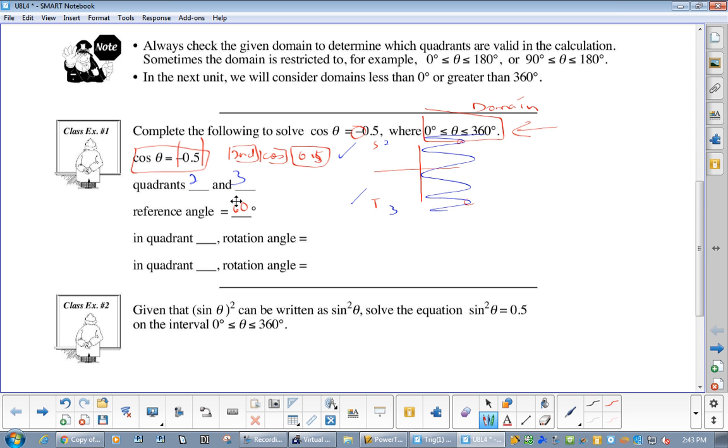So then we just draw our 60 to our x-axis because it is the reference angle, right? So in quadrant 2, the rotation would be 180 minus 60, so I get 120 degrees. The first one is 120 degrees.